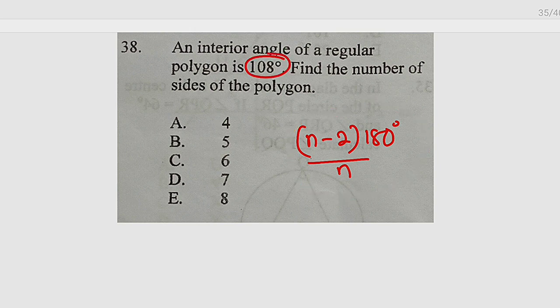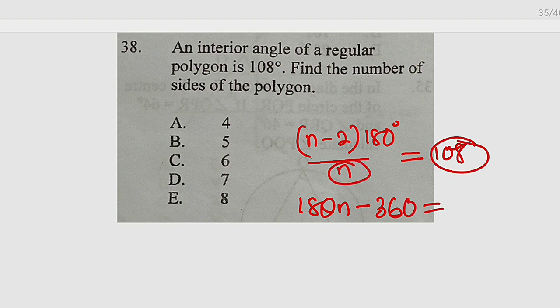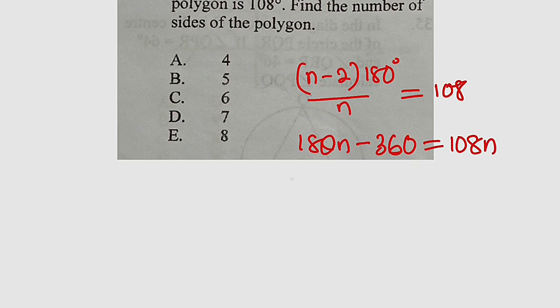But we are given it as what? 108, so we equate it to be 108. Let's cross multiply and expand the bracket. N multiplied by 180 is 180n. Then minus 2 times 180 is 360. And this is equal to n multiplied by 108, which is 108n. Let's collect the like terms. We have 180n.